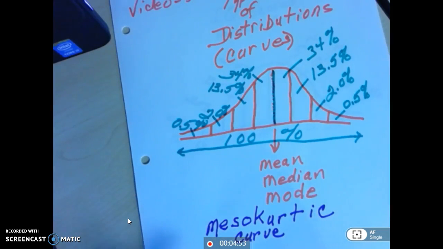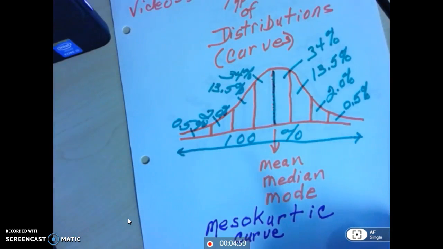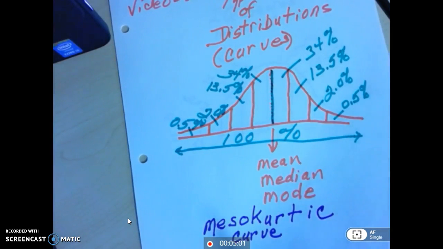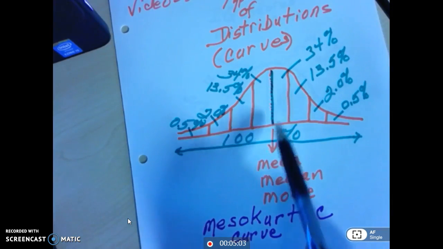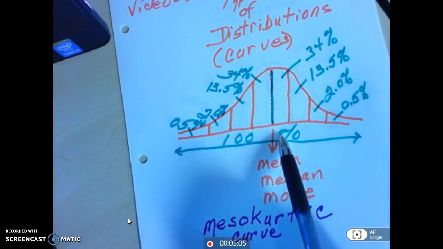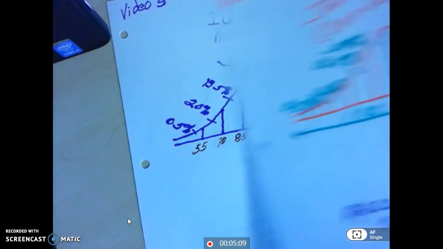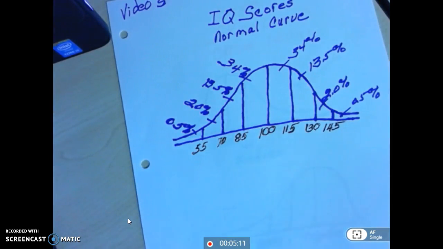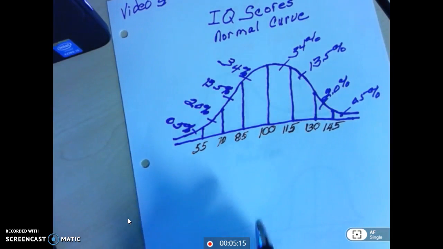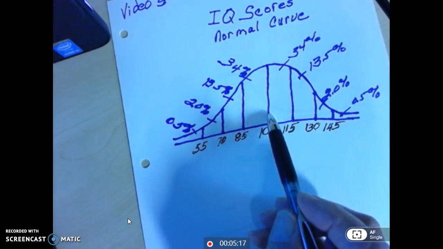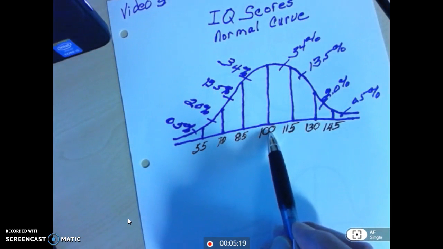A name to keep in mind is mesokurtic curve. Meso, I equate that to the middle. So this is a normal curve, with the mean, median, and mode right in the center. If we had IQ scores on a curve, we would have the mean, median, and mode at 100.